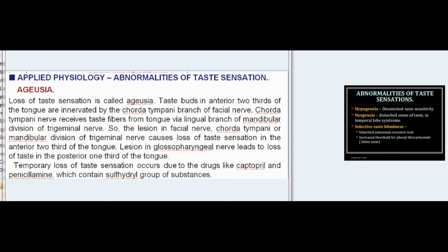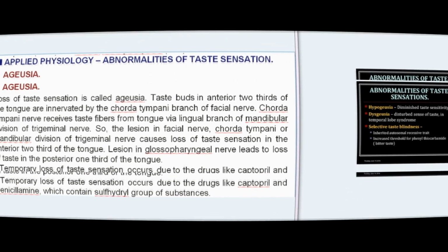So, the lesion in facial nerve, chorda tympani or mandibular division of trigeminal nerve causes loss of taste sensation in the anterior 2/3 of the tongue. Lesion in glossopharyngeal nerve leads to loss of taste in the posterior 1/3 of the tongue. Temporary loss of taste sensation occurs due to the drugs like captopril and penicillamine, which contain sulfhydryl group of substances.